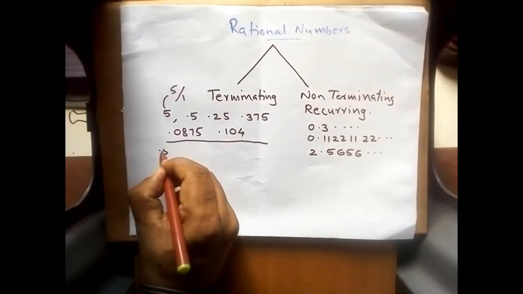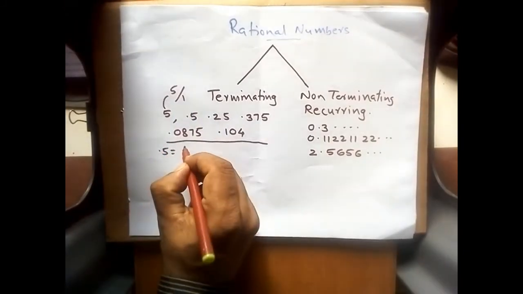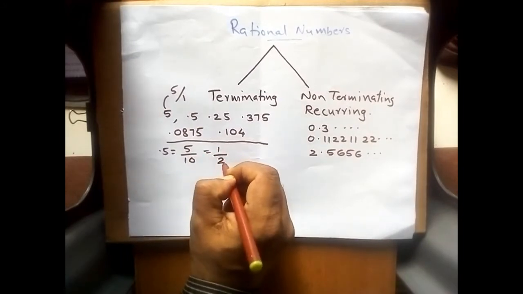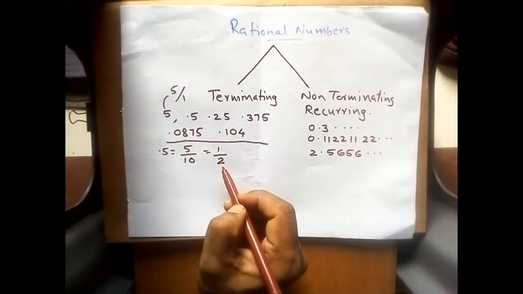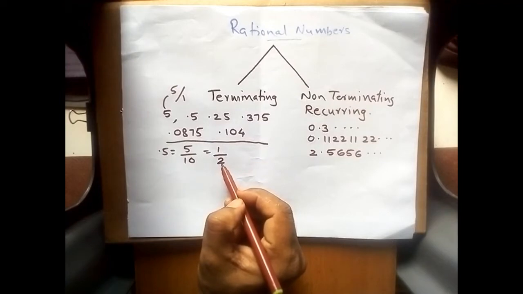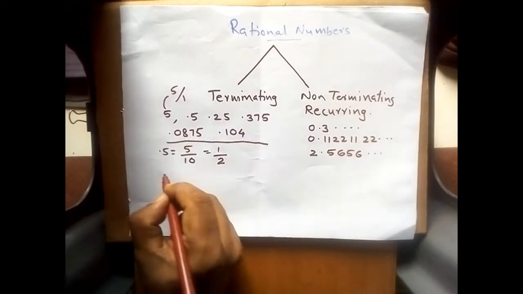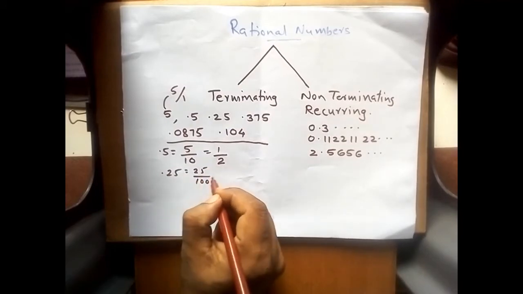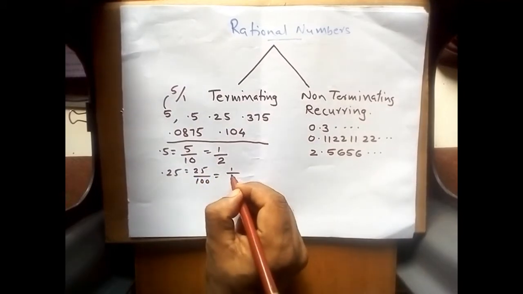What about 0.5? Yes, 0.5 can be written as 5 divided by 10, which is equal to 1 divided by 2, again of the form p by q where q is not equal to 0. 0.25 is 25 by 100, which is equal to 1 by 4.